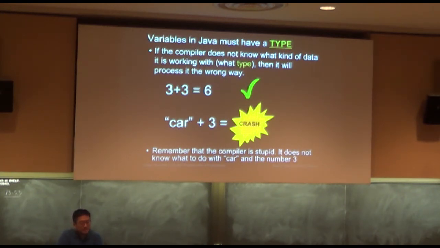I'm sure that if you had assigned car as a variable equal to 3, would it still crash if then you did car plus 3? If I assign car to a variable that equaled 3, yes, so if car was not the string, if car was actually a variable name, and it was a variable of type integer, then I could add it to the number 3, and that wouldn't give me a problem.